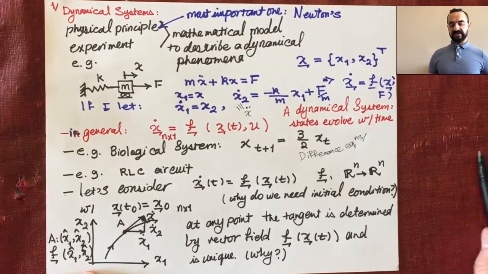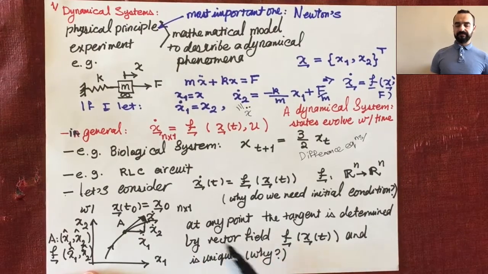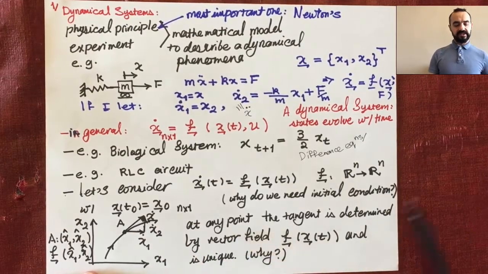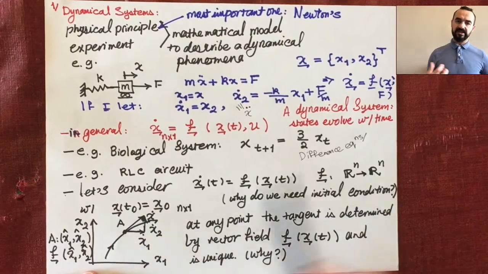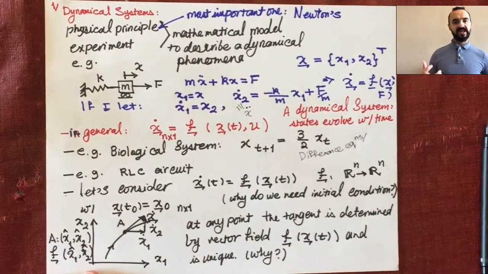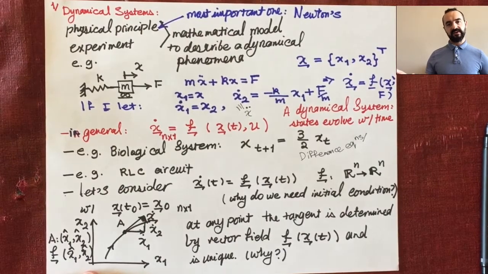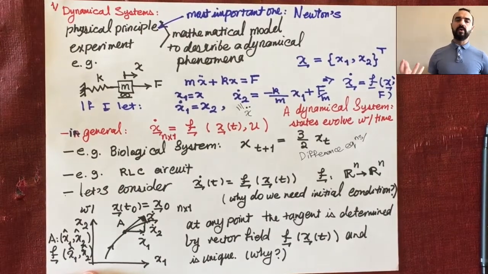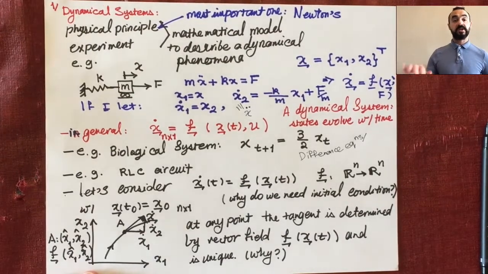The last thing here is about any point. From your calculus, you know that if I asked you to compute the tangent to a curve, you would differentiate the curve at any point, evaluate that, and give me the tangent to the curve at that point.